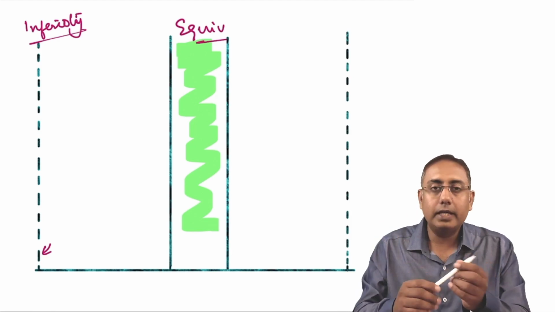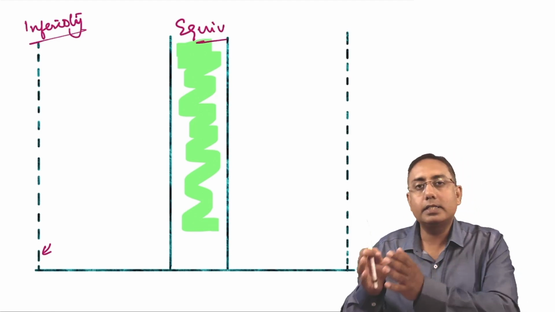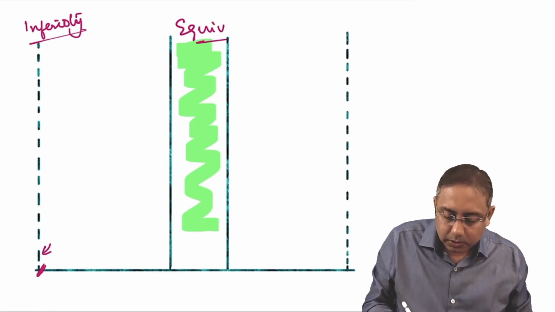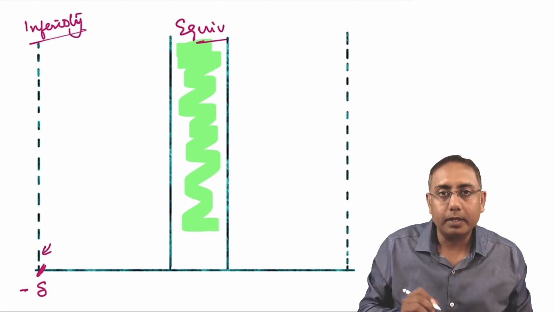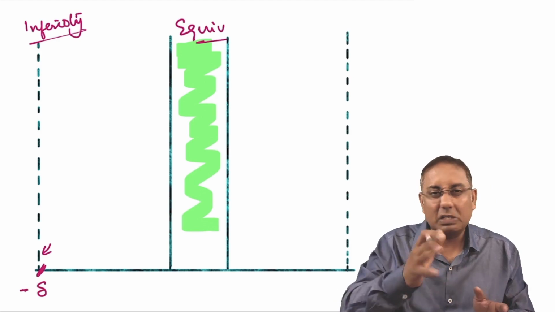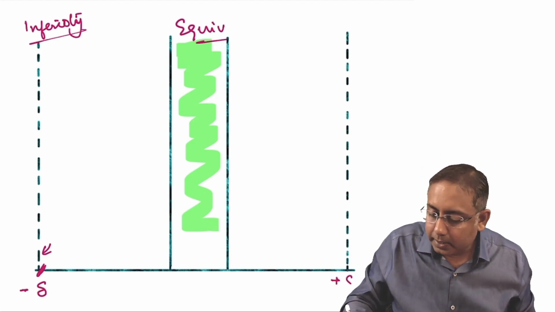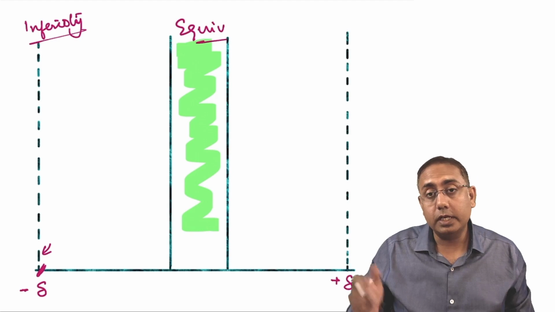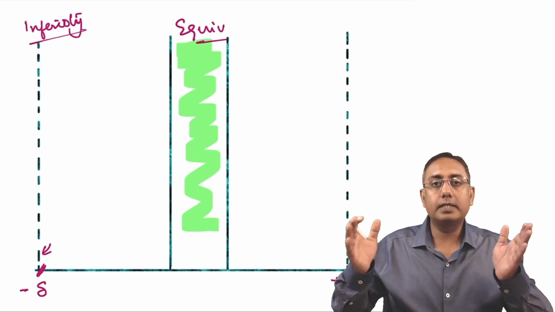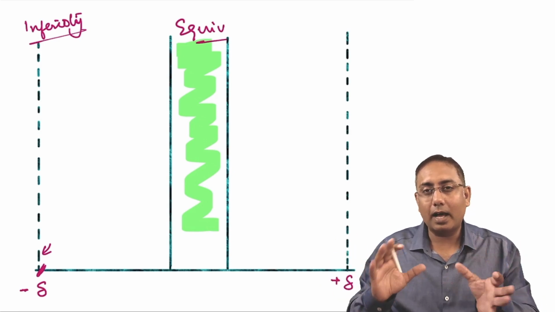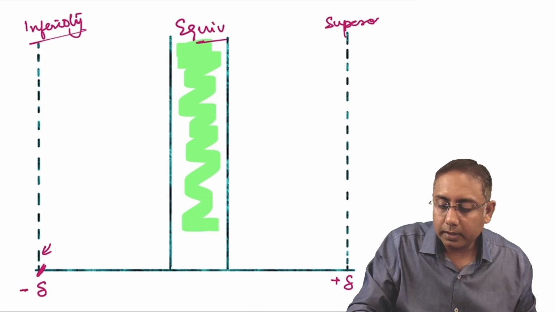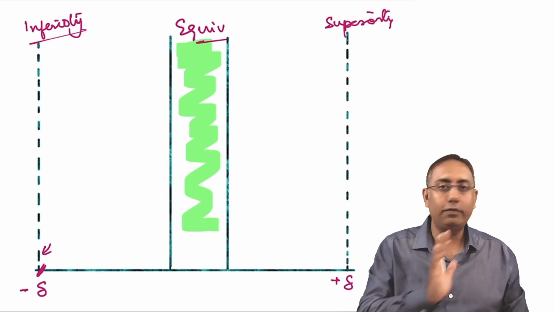Within the range, there is a lower limit and a higher limit. The lower limit is called minus delta. So delta is the lowest limit, below which you will say that my new drug is not effective. There is a plus delta, above which you will say that yes, this drug is highly effective. So this is the range within which you will have the results of these studies. This is the superiority side, and then you have an inferiority side.